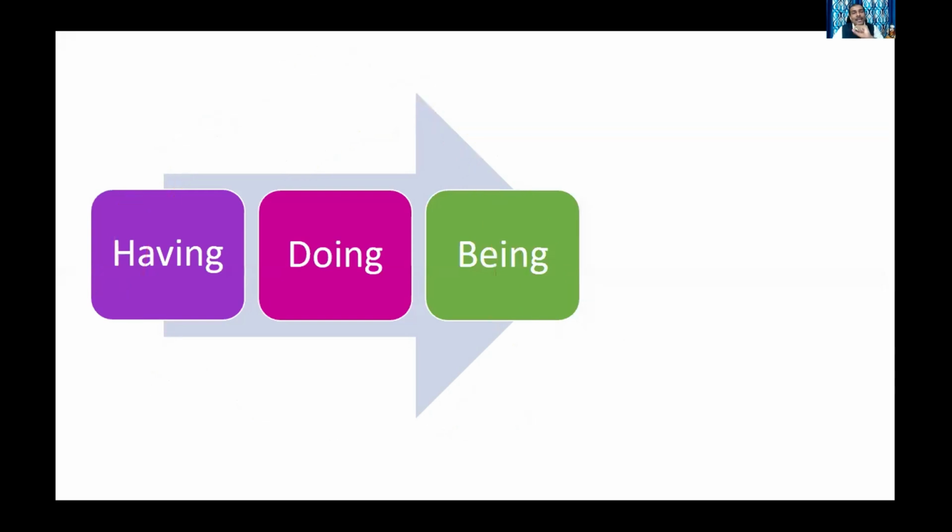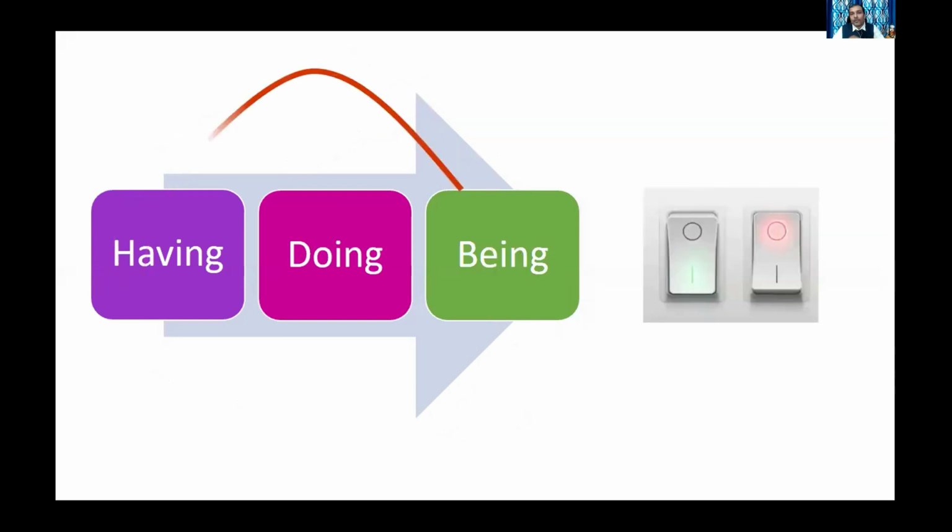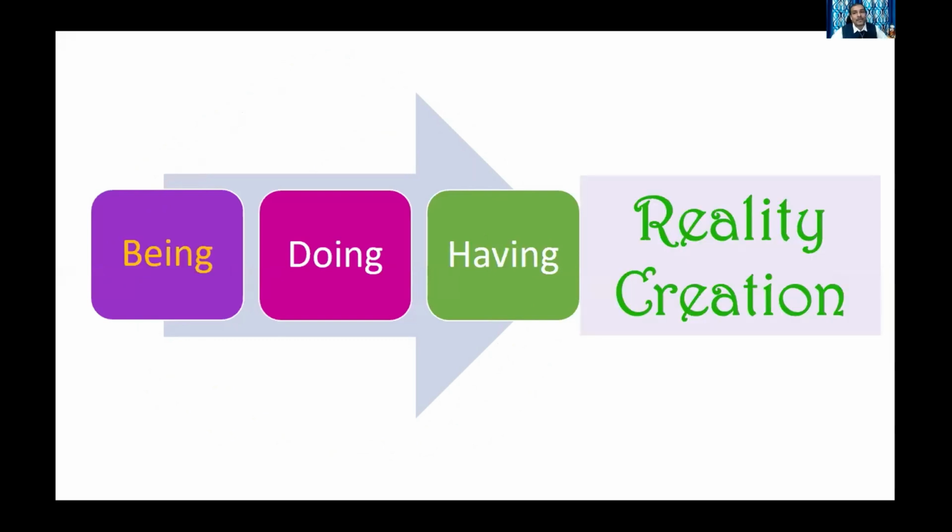And the switch is exactly this one. We need to be the being first. Instead of seeing what is out there, instead of putting your neocortex to work, we need to bring in the reptilian brain. When you bring that in the form of your being, and then you do, you get the result. And that's the reality creation.